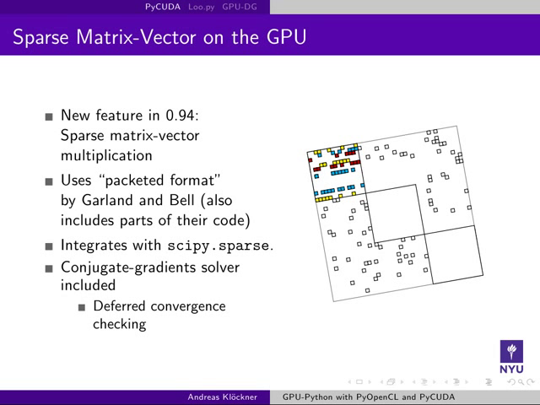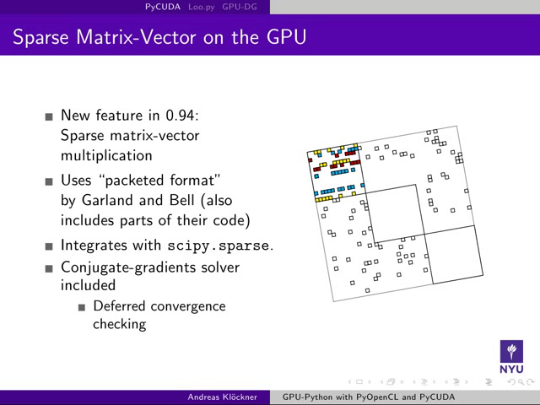A neat trick that this implements is that it fires off the transfer to the host and meanwhile keeps computing, because more iterations rarely hurt. And then as soon as the residual arrives on the host, it does the convergence check. If you can tell that we've gone a little bit further than we meant to, we can cut off the computation and return the result.